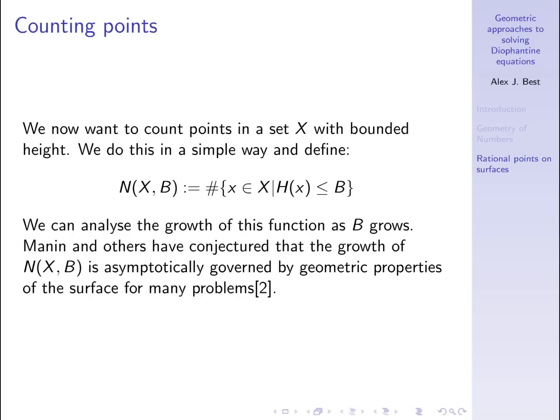This is really interesting because where we started with what we thought was a number theoretic problem, just looking for rational solutions to this polynomial equation, we've actually found that the number of solutions is conjectured, and there's a lot of evidence to support this, and it's been proved in a few cases, to grow based on some geometric invariant.